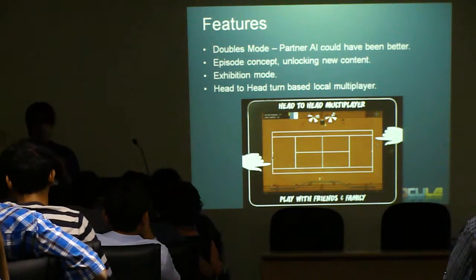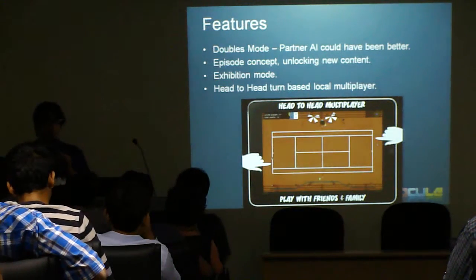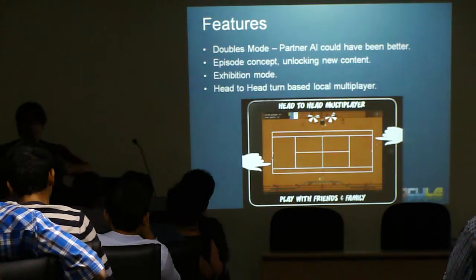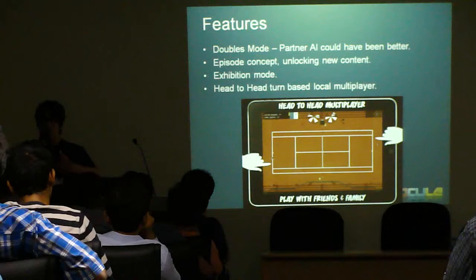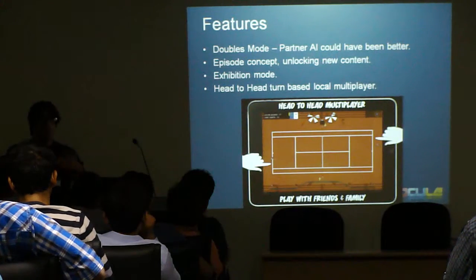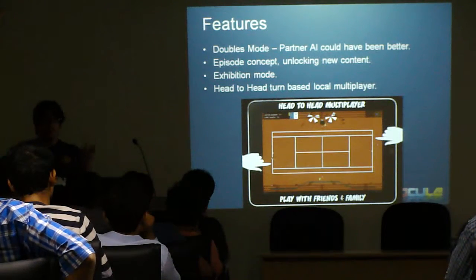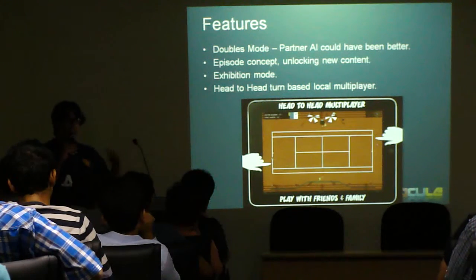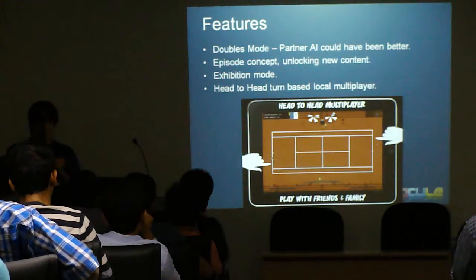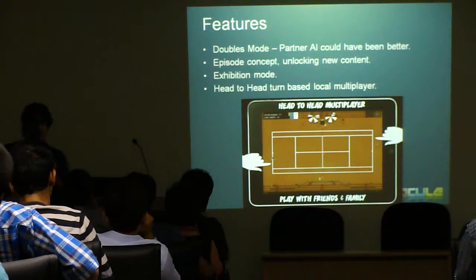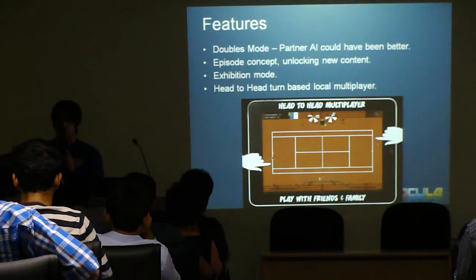So we had 11 different environments, 11 different stadiums. All the stadiums were matched to the theme of the story that we were telling. If they are playing in the college, or in the high school, then it has to be a high school sort of environment. If they're playing in the university, then it has to be a university sort of environment.